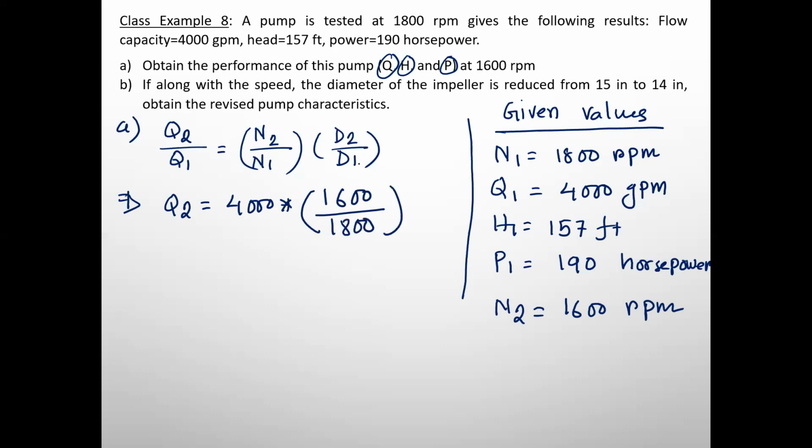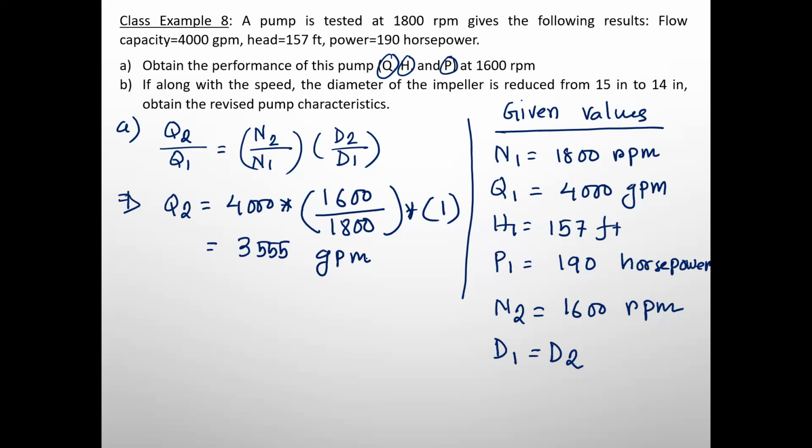Now D2 and D1, since it's within the same pump and they didn't say anything about changing the diameter, you can consider D1 equals D2. I don't know the value at this point, but we can consider that they are equal. That means it will be just 1, and the result is 3555 GPM. So that is one thing.